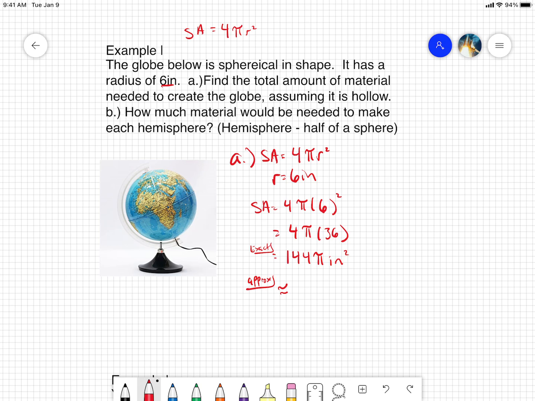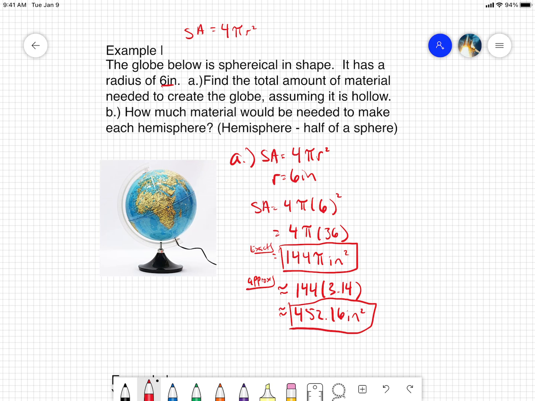If we approximate, this is essentially the same thing as 144 times 3.14, which is approximately 452.16 inches squared. And so that's how much material of whatever we're using it would take to encompass this whole sphere, again, assuming it's hollow.